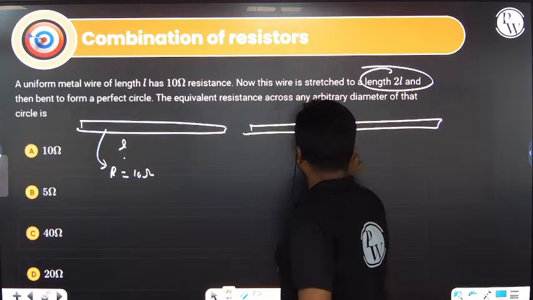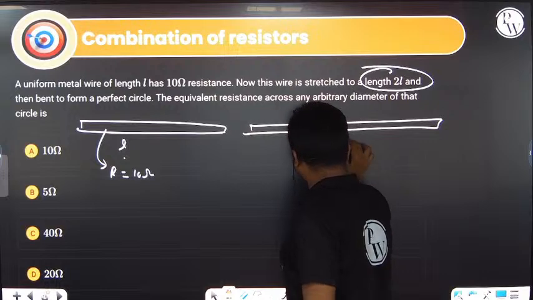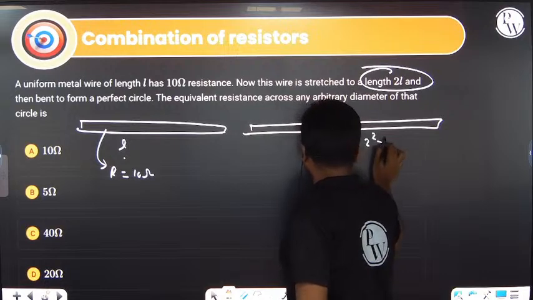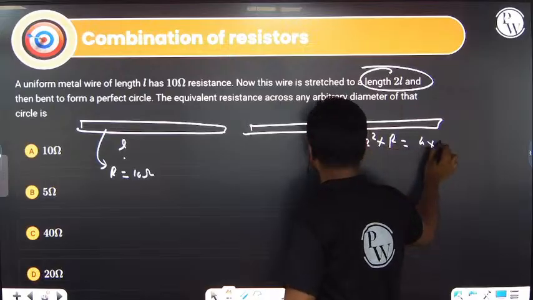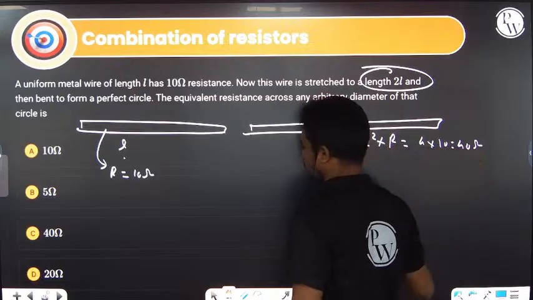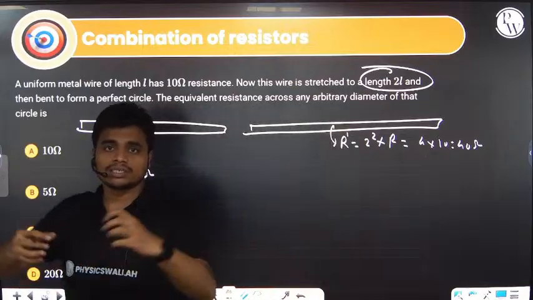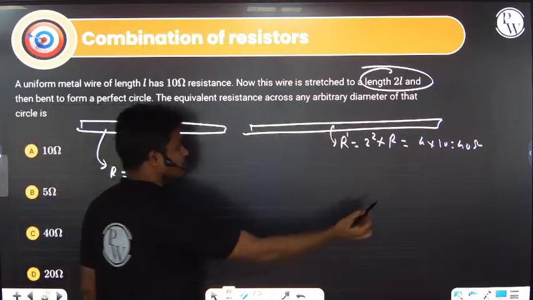What is the resistance now? This will be 2 square multiplied by the original resistance, so 4 multiplied by 10. We got 40 ohm, because it is stretched by 2 times, so resistance will become 4 times.